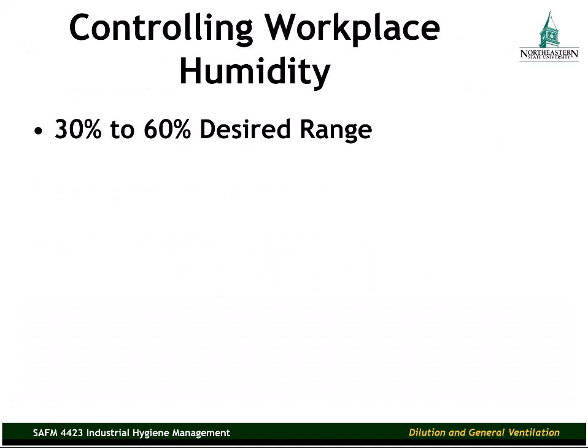30 to 60% humidity is the desired range. I haven't seen anything in the research identifying an optimal range for productivity, but what you'll see in a lot of the codes and standards is 30 to 60%. That's what we should be shooting for with our humidity levels indoors.